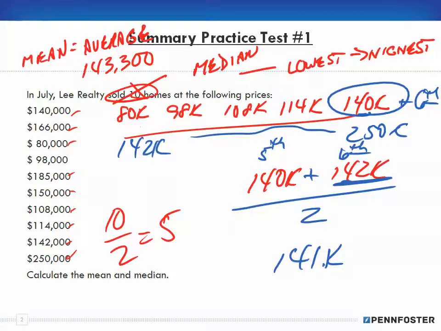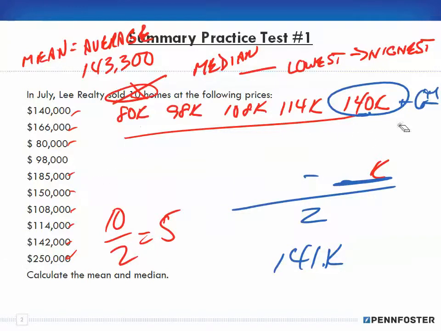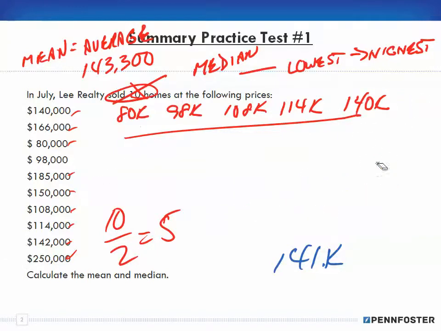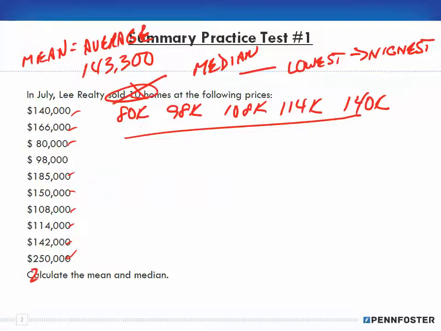Now remember, if we had, and let me erase some of this. Let's just say we actually had one more additional data point, and let's say it's 225,000. Well, now when I count up, I have 11 data points.